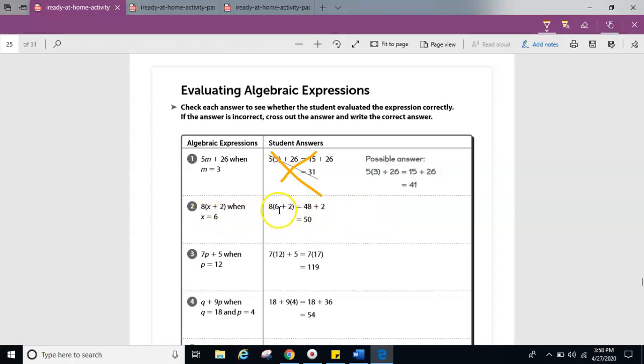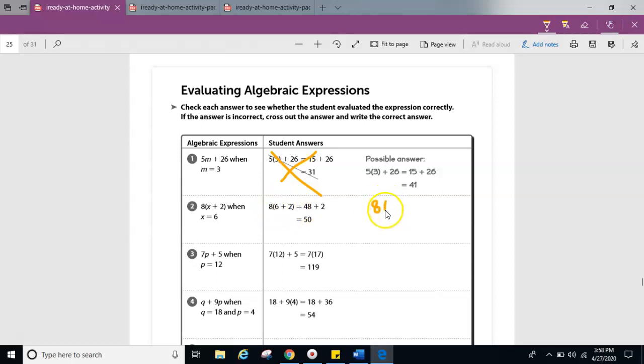Okay, it looks like they did 8 times 6 instead of adding 6 plus 2 first, because we know that for PEMDAS, parentheses come first, so you would actually do what's in the parentheses first.